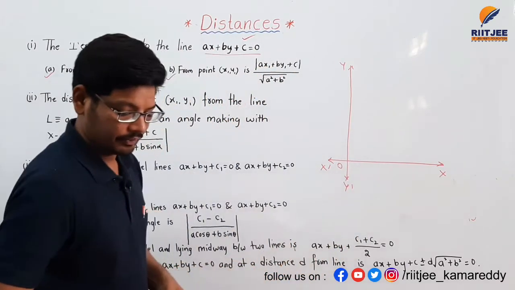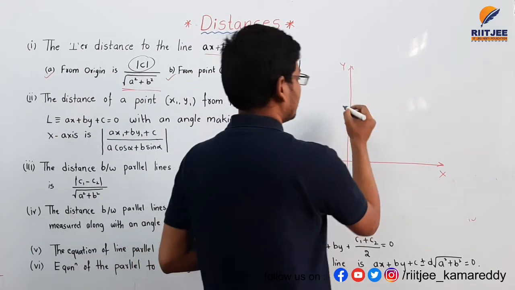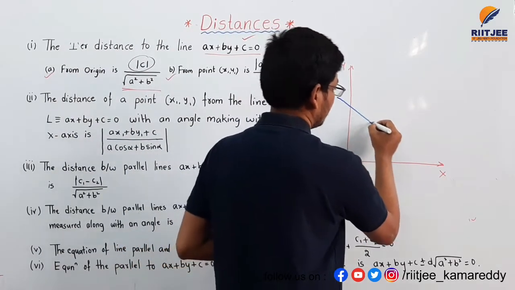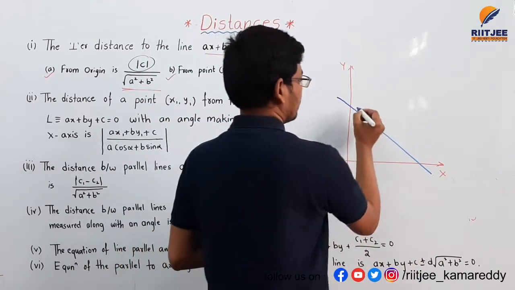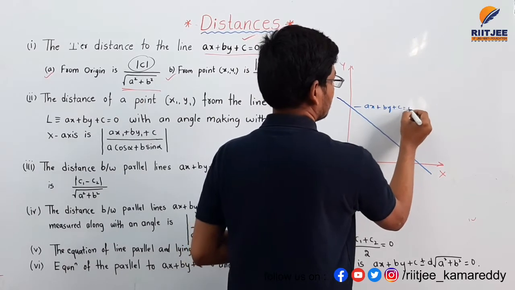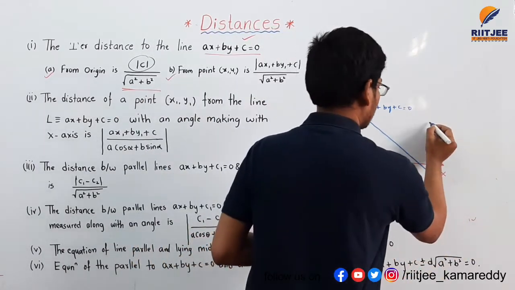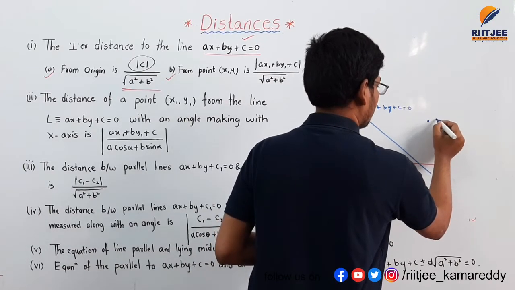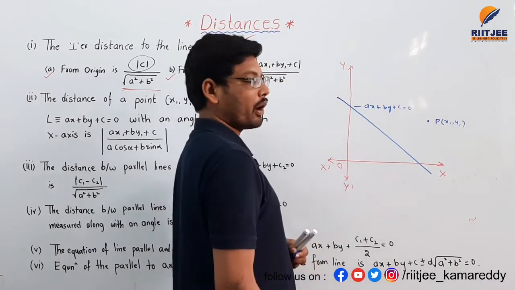I am taking a line, you can take the line any way, this line ax plus by plus c equals 0. And I am taking a point P of x1 comma y1 somewhere.